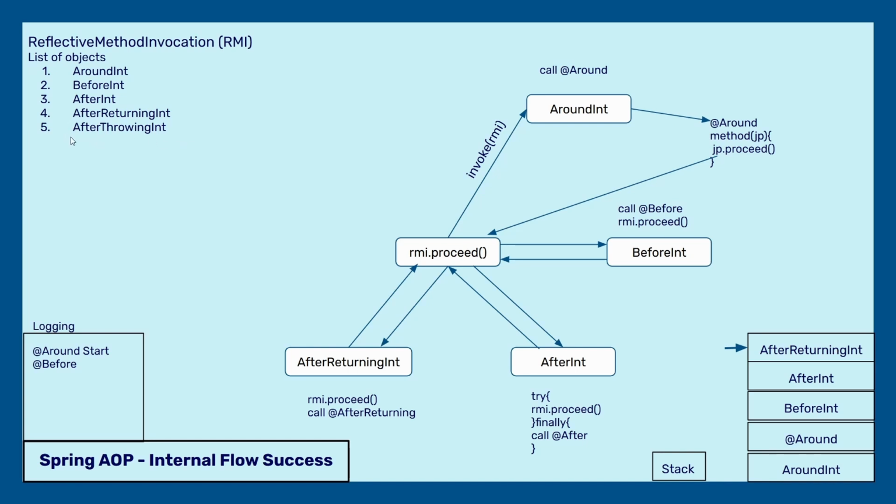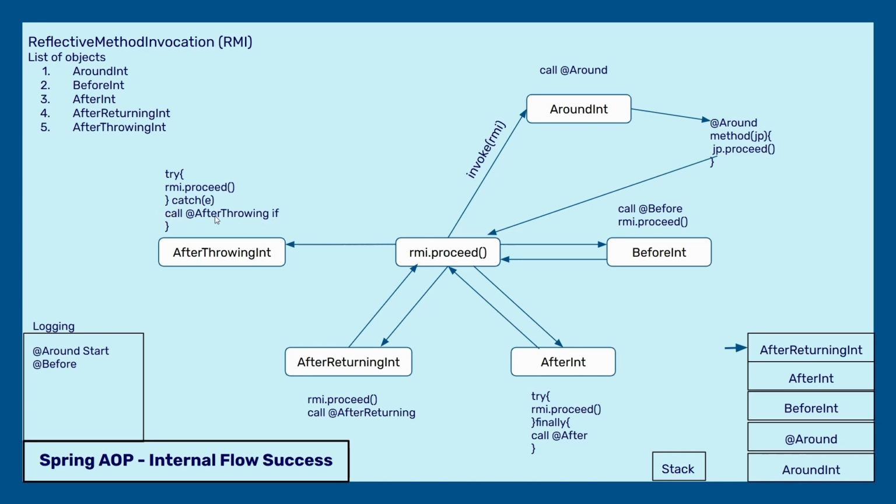In our list, after throwing interceptor is there, and the invoke method of after throwing interceptor is called. And within this invoke method, what happens? A try catch takes place. There is no finally here. Within the try block, rmi.proceed is called, the same back. And if there is an exception, within the catch block this part of the code is executed.